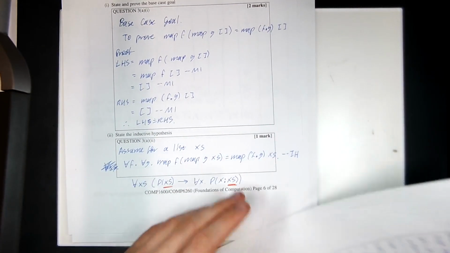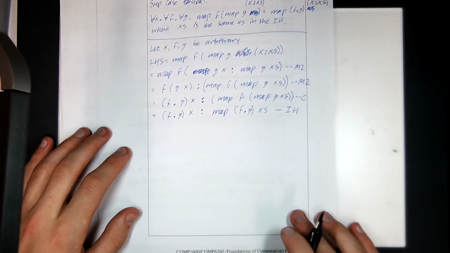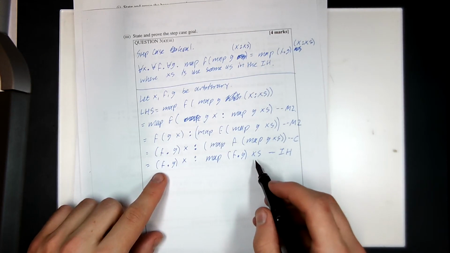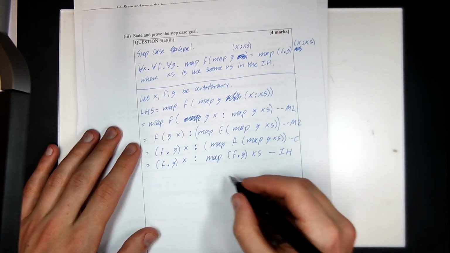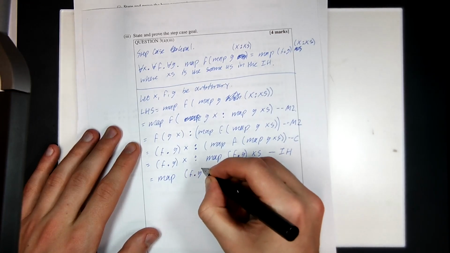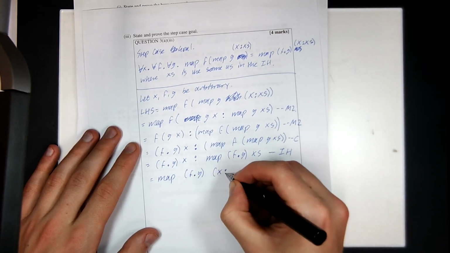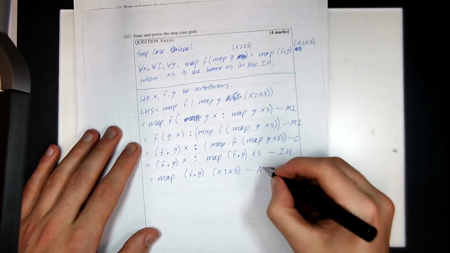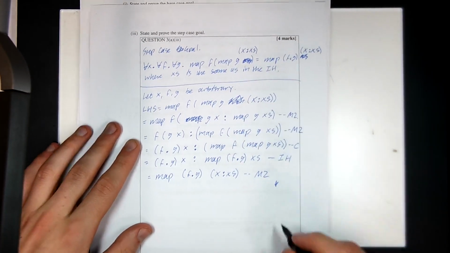There we go. And then we need to combine this back together. So we use the definition of map backwards to combine these two terms back together again. So then we're going to get map (f compose g) onto (x cons xs) by M2. And there we go. That's the proof.